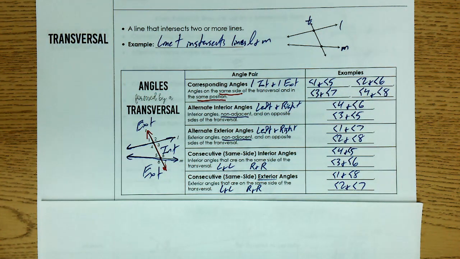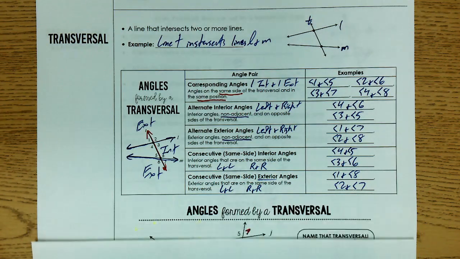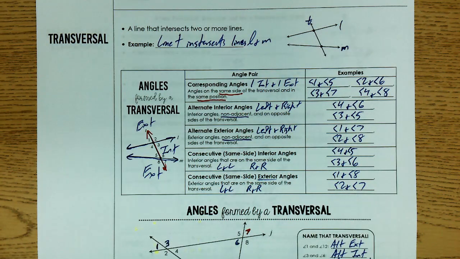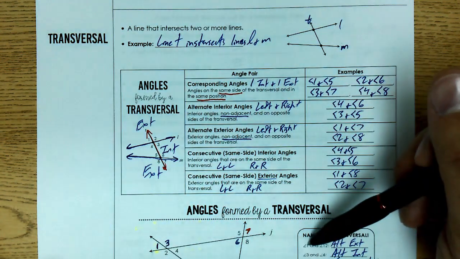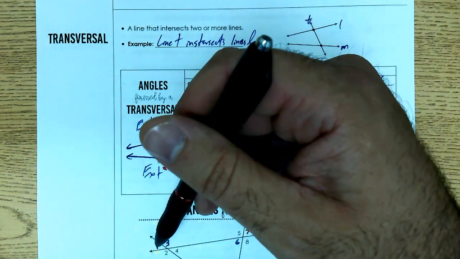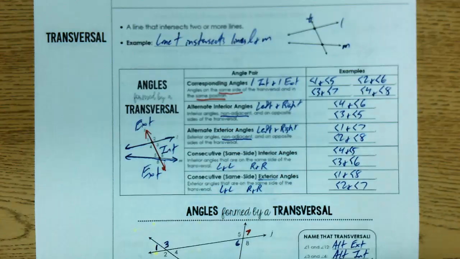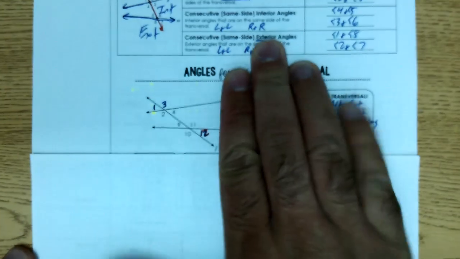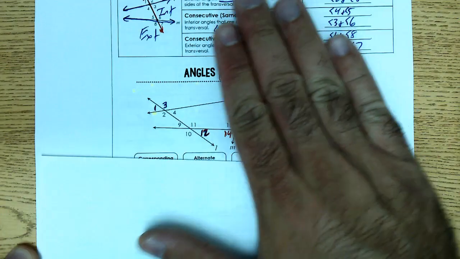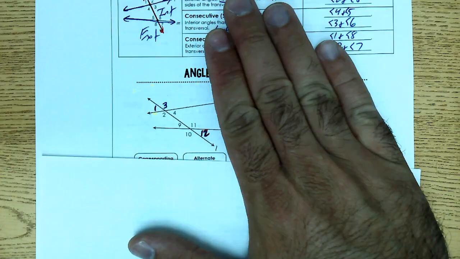We're going to play a little game called Name That Transversal. It's real fun. Okay? We're going to look at the different angles. So 1 and 12. I don't care about this over here now. We're down here. 1 and 12.